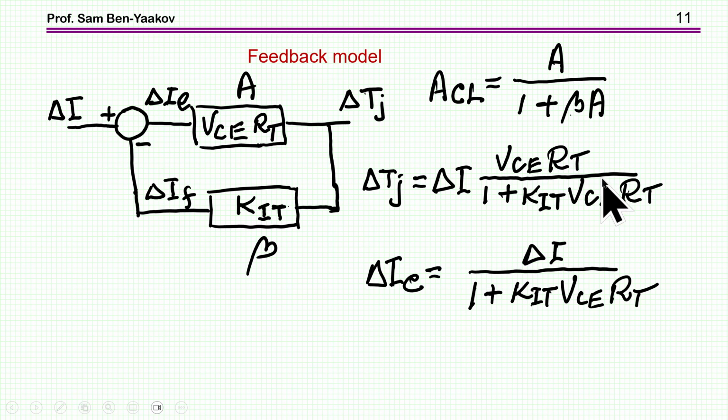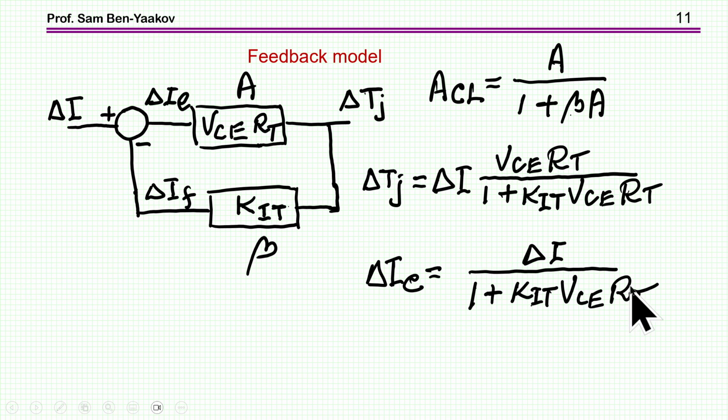So if I put in these parameters, I find that the rise in temperature is a function of the native or inherent change in current times this term here, which is A over 1 plus this term here, and the expression for this difference, which will be the real current, because the real current is not the one that is expected without the feedback, but after the feedback is causing this change, which is subtracted from here. So this is the actual current that we'll see in the system.